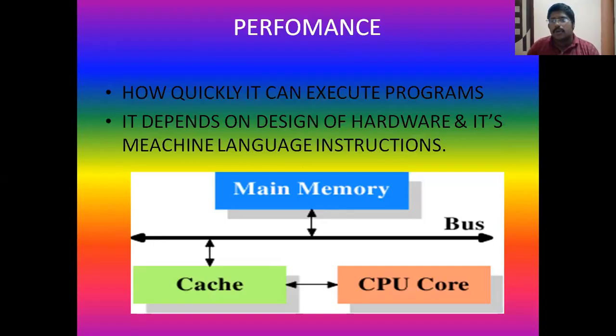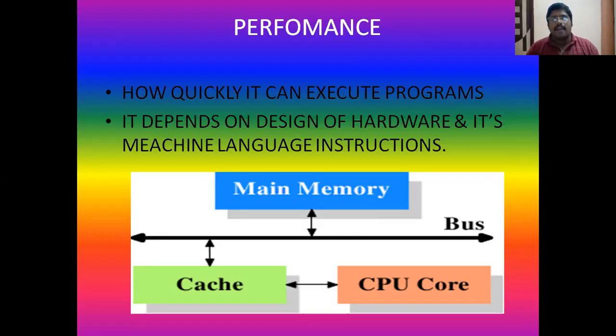Initially we had the dual core processor, and the Core 2 Duo. After that came the i3 processor. After i3, i5. After i5, i7. Now I think i9 came. Whatever it may be, the i7 processor.